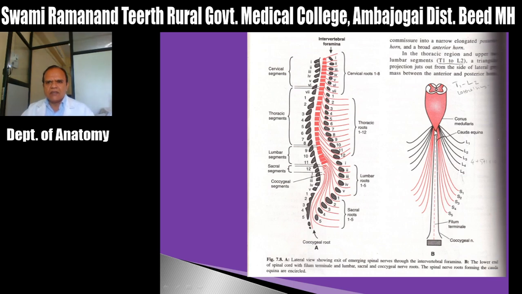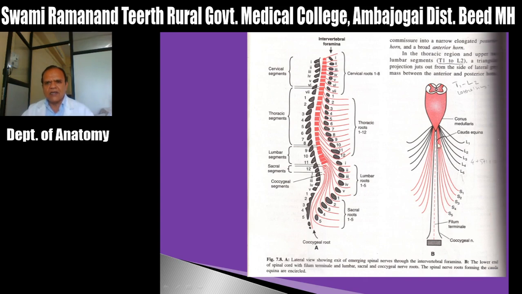Now see, there are 10 nerves on the right side and 10 nerves on the left side, so 10 pairs of nerves: L2, L3, L4, L5, S1, S2, S3, S4, S5 and the coccyx.